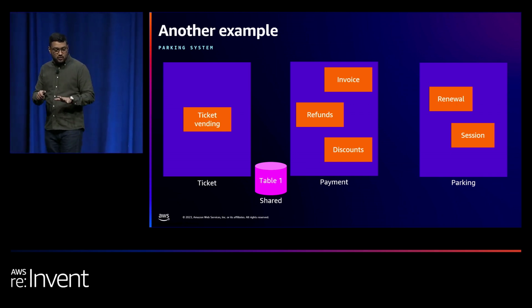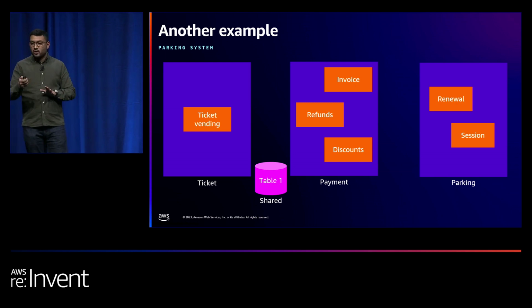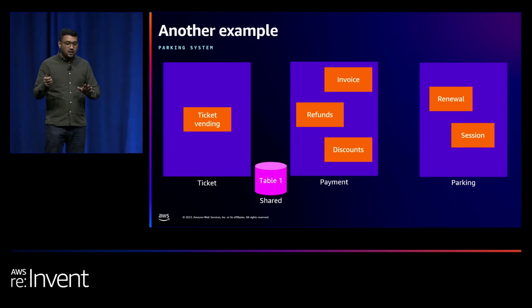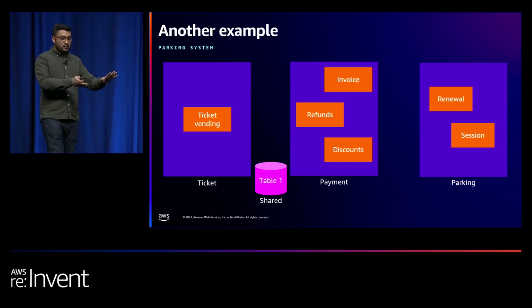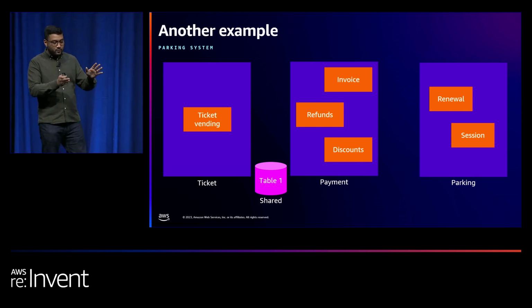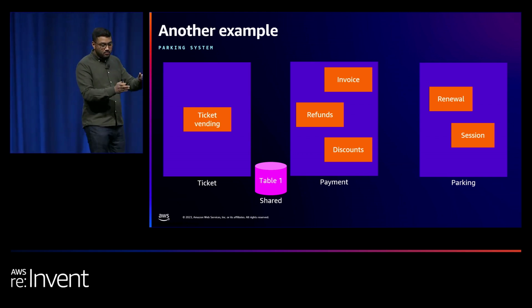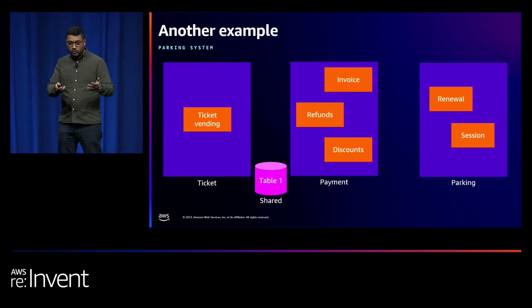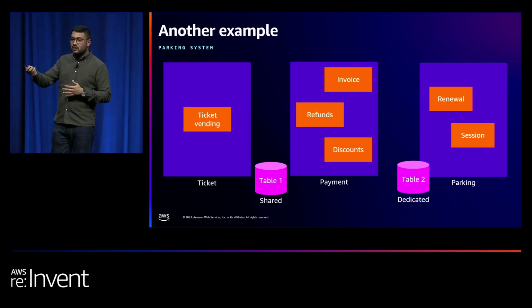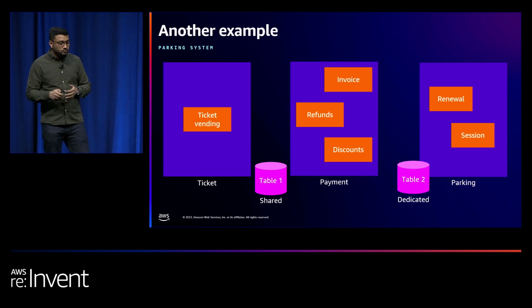But on the other side, you will see that the parking, renewal, and session management areas are disparate. They are not associated with the same business process as just doing ticketing and invoicing. You can have a second dedicated table for these areas.